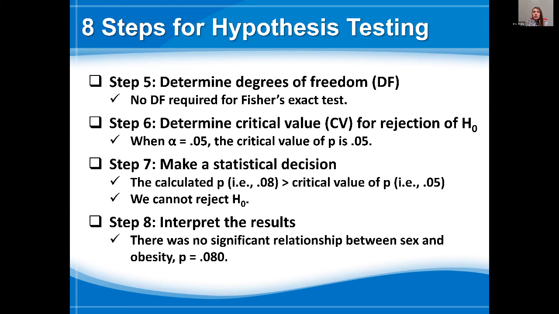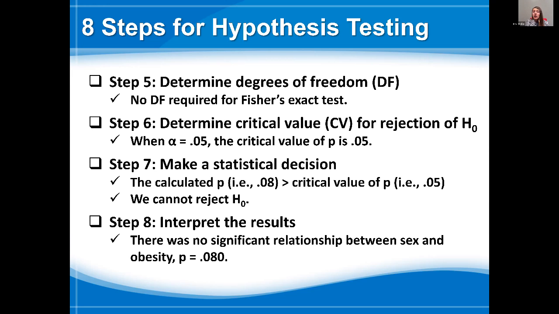Now, step 5 usually is determine degrees of freedom. We do not need to determine degrees of freedom for Fisher's exact test. Determine critical value for rejection of the null hypothesis. With the alpha level of 0.05, the critical value of P would be 0.05 as well. And then we need to make a statistical decision. We calculated P and it's 0.08.